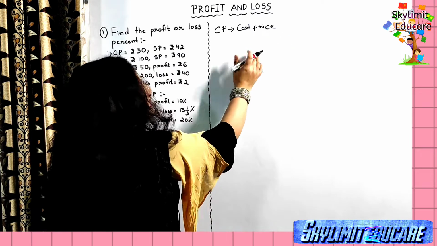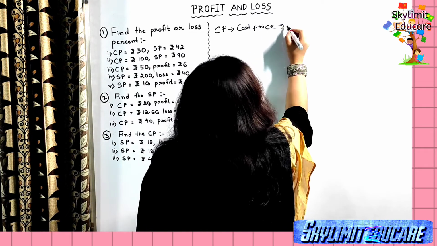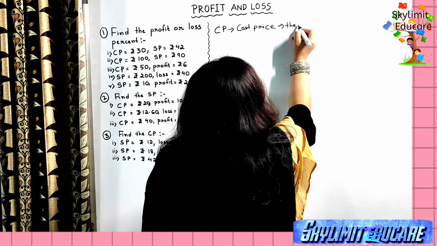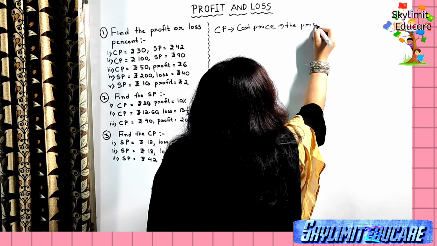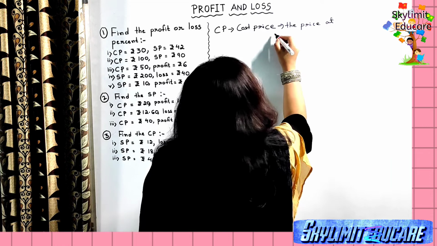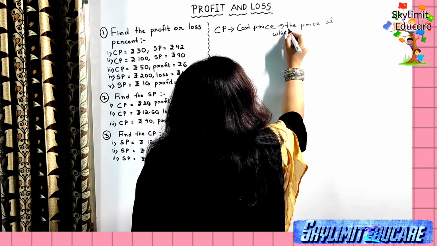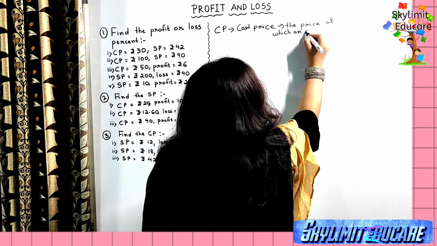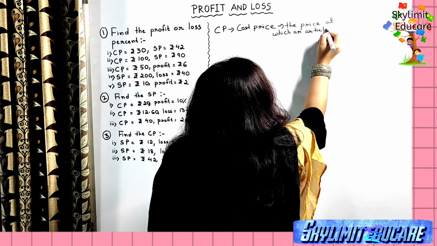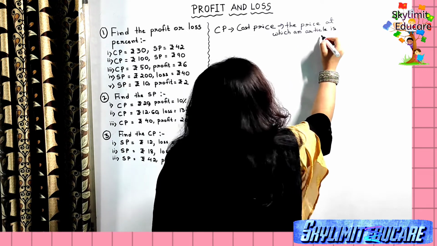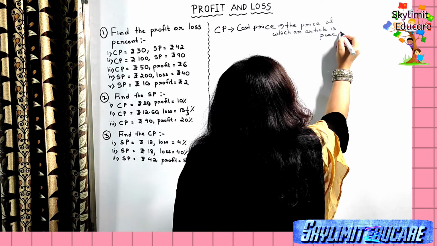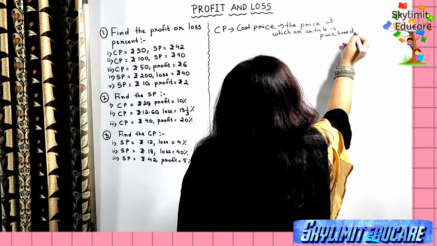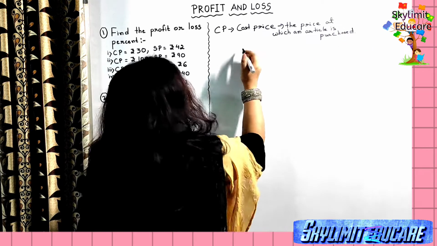Cost price means the price at which an article is purchased. So the cost at which you purchase an article is called the cost price.